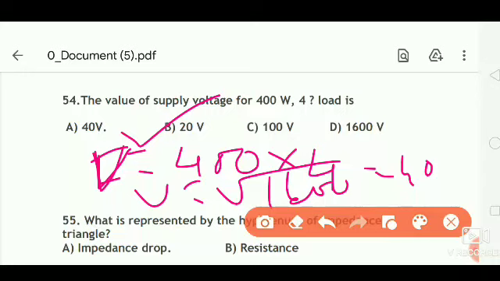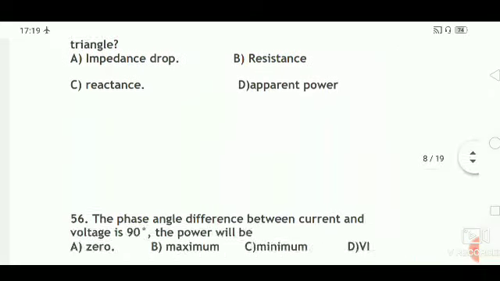So from the above formula we get the value of the voltage V equal to 40. So here option A is the right answer.